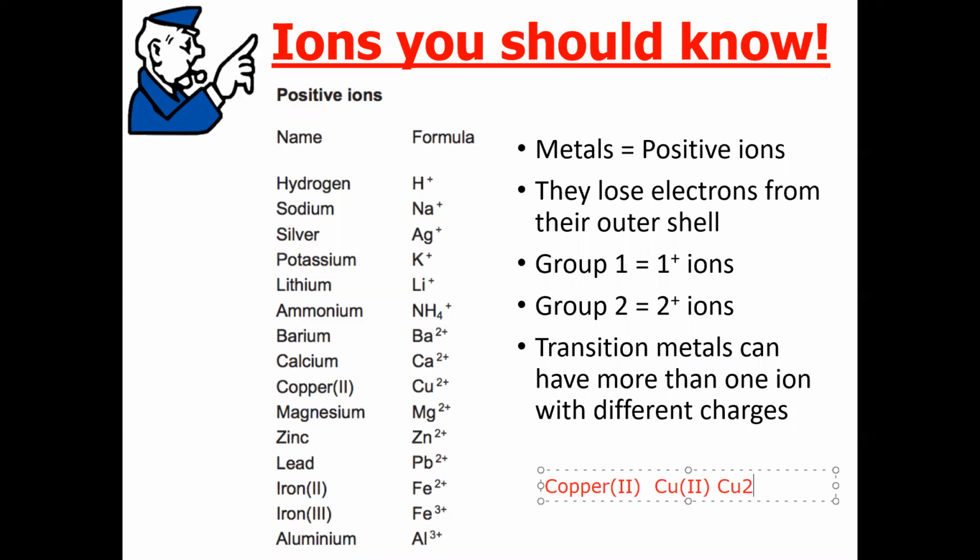That's copper 2 plus, okay? So you can see that's a 2 plus ion. If that had Roman numeral 1, it'd be copper plus or copper 1 plus. So with transition metals that actually have more than 1 ion with different charges, they will show those different charges in brackets, okay? Not always, but a lot of the time, especially in exam.